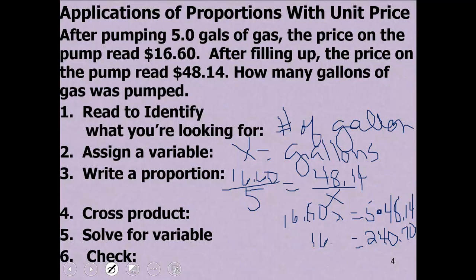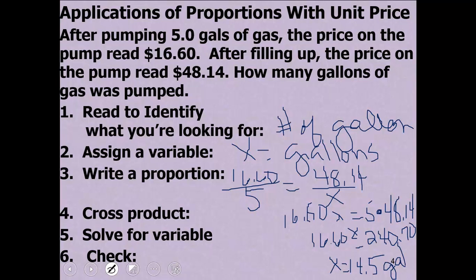And then I'm going to end up dividing that by 1660. And I get 14.5 gallons. Just like that, 14.5 gallons.